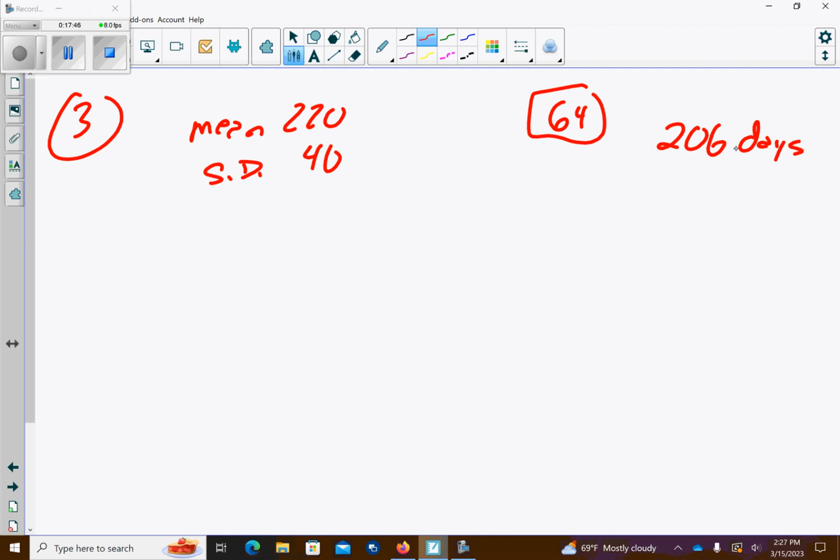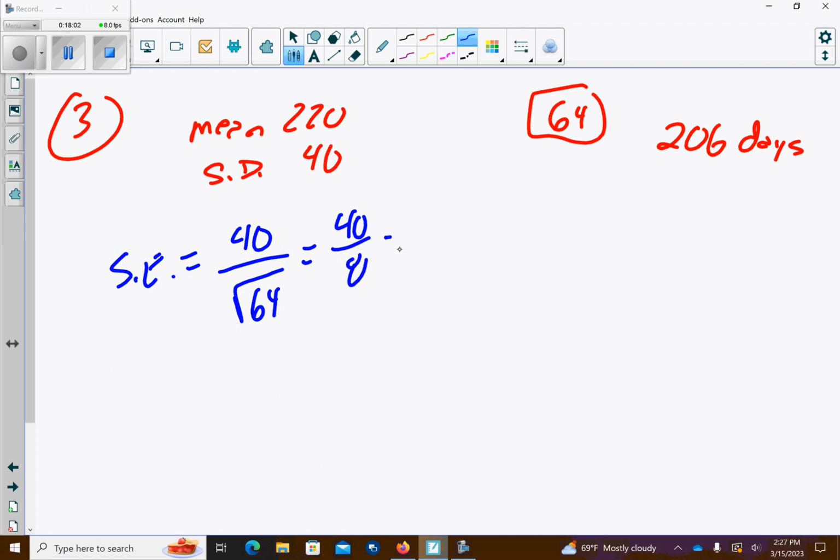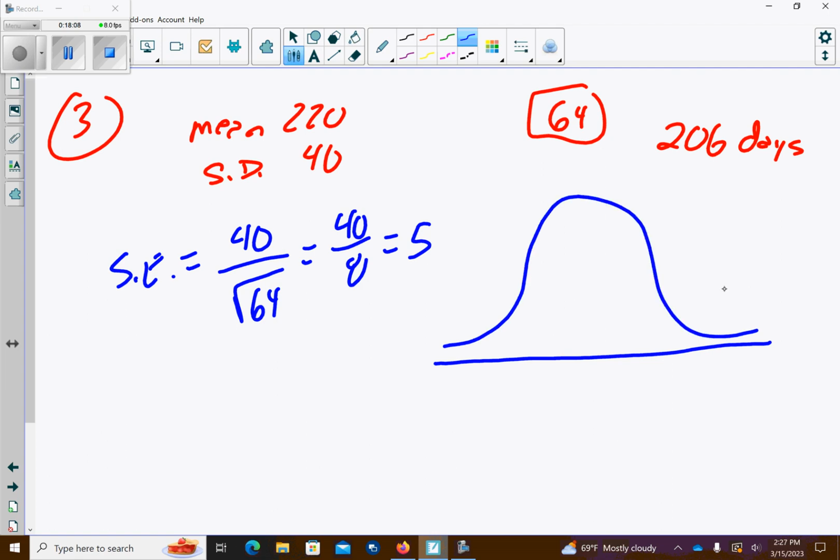So were they onto something? I don't know. Well, let's find our standard error. Standard error is going to be the standard deviation divided by the square root of the 64. So square root of 64 is 8, right? So 40 divided by 8, I think is 5. So we can go ahead and draw our normal distribution, which looks something like this. So we have the 220 right here.